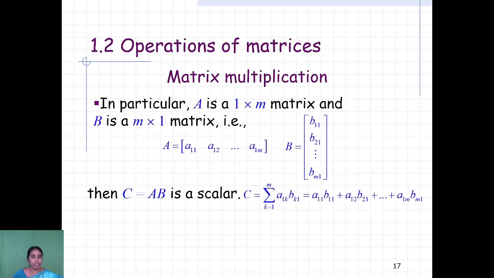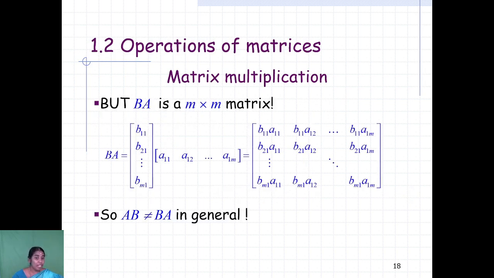Next, in particular, A is a 1 by m matrix and B is an m by 1 matrix. Then C, which is AB, is a scalar. Here too the matrix multiplication is possible since the column of A is m and the row of B is m. As they are the same, the multiplication is possible, but it gives a result of size 1 by 1, which is a scalar.